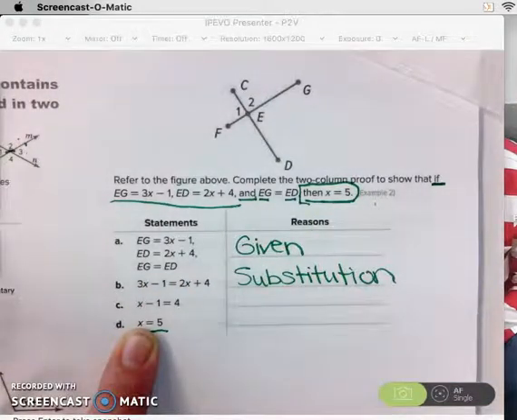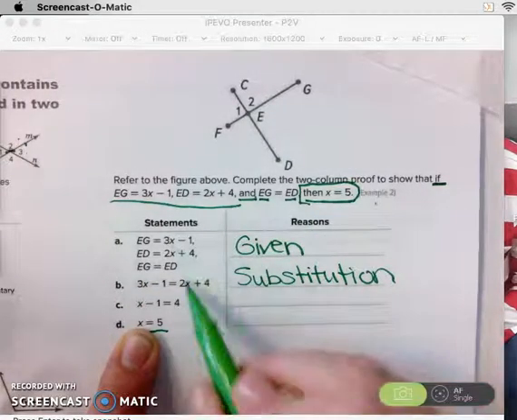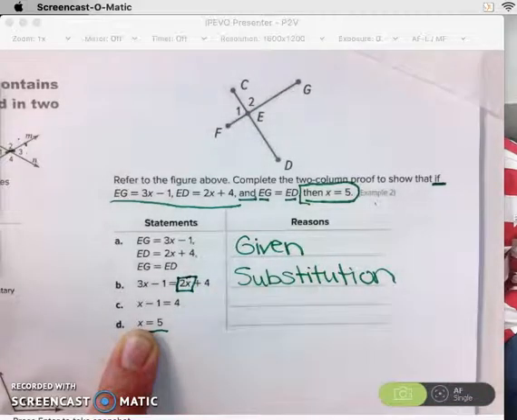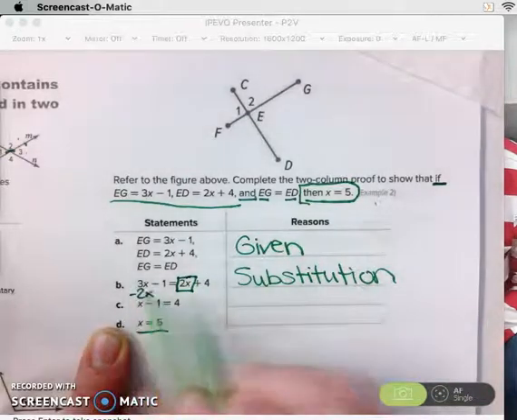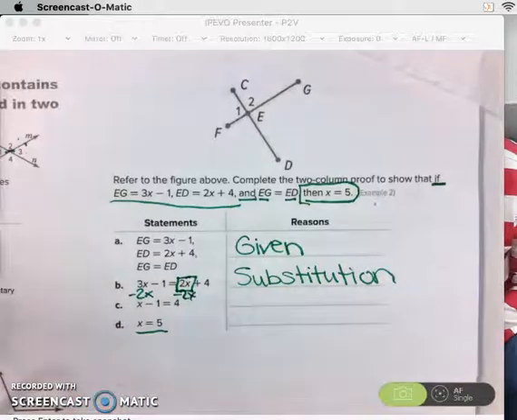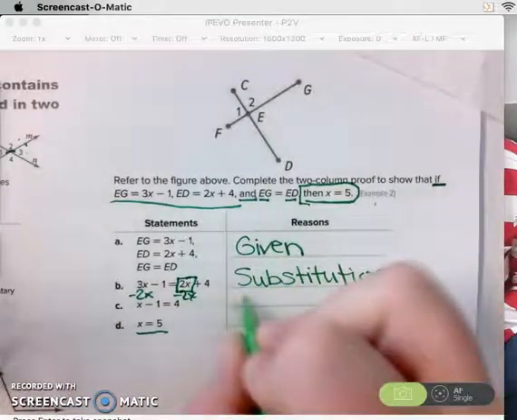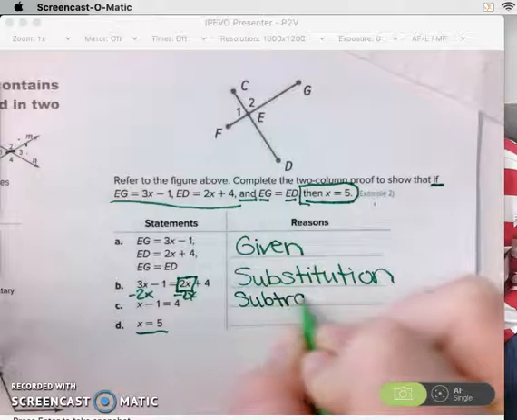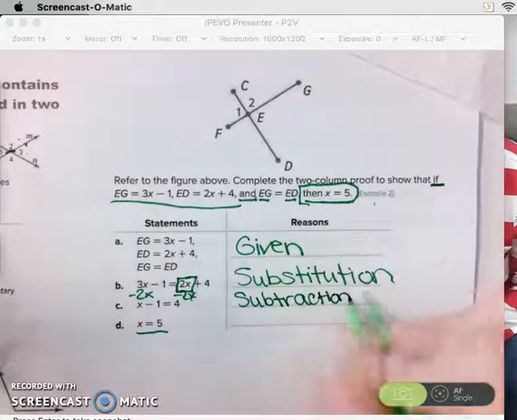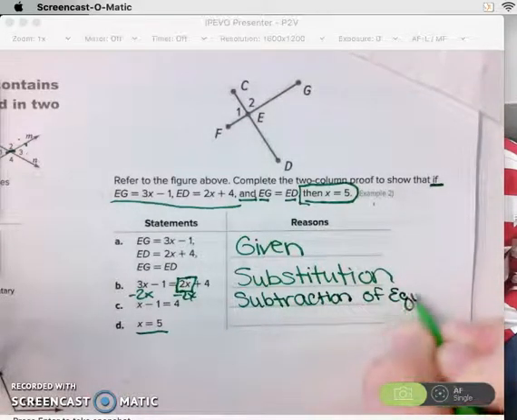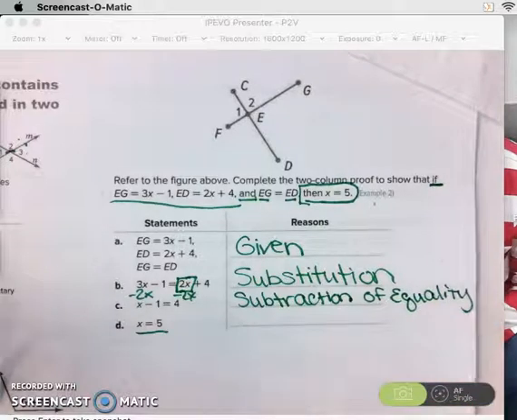I subtracted this 2x from both sides. So that would be my subtraction property of equality.